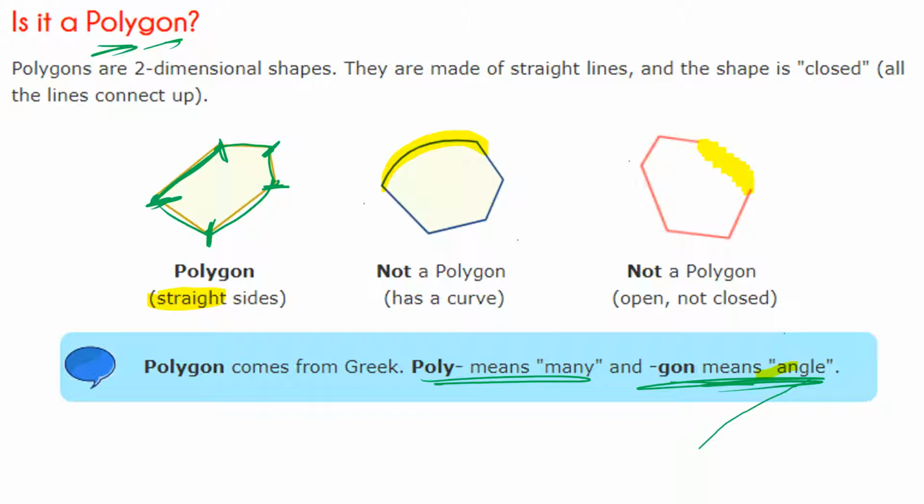All right, so a polygon has to have straight lines, meaning you have to be able to take a ruler to create a polygon. If you have to use a compass or just freehand it to make a curved line, that wouldn't be a polygon because it has to have those straight lines. All right, so again, a polygon just is a multi-sided figure that is closed and is straight. So it has straight sides. It doesn't have any curves in it.